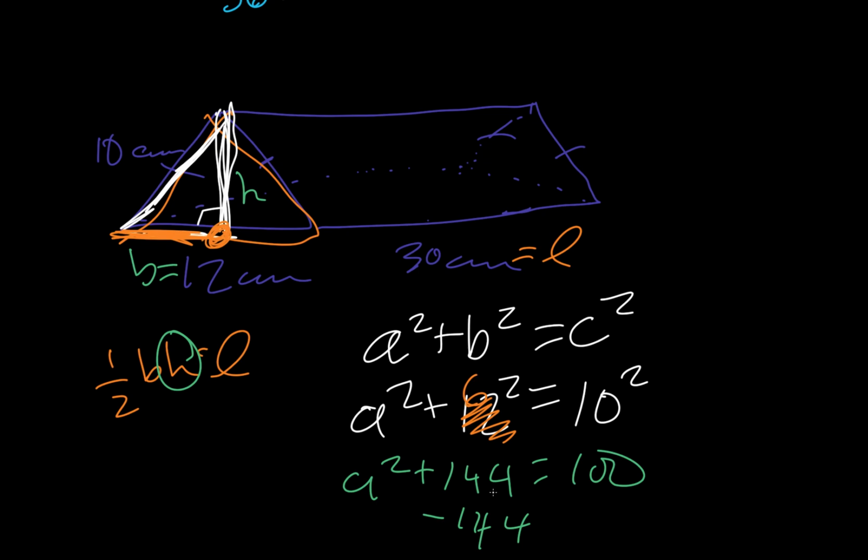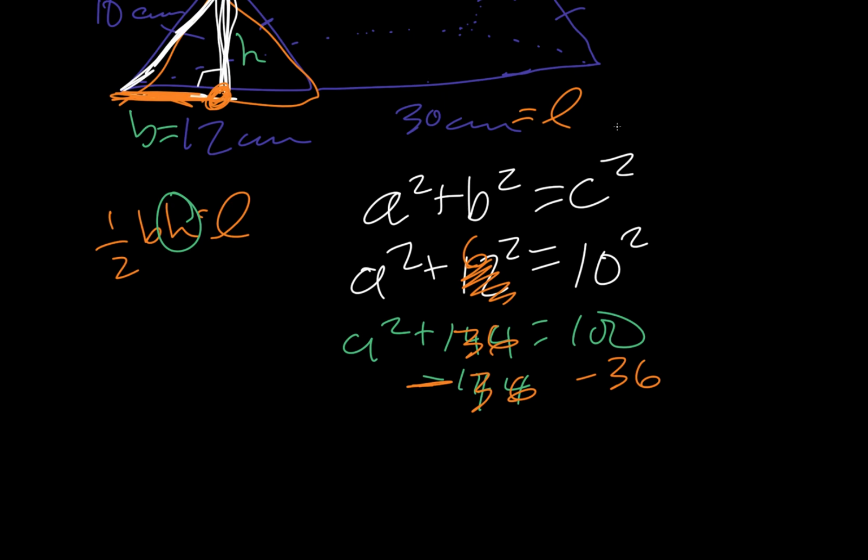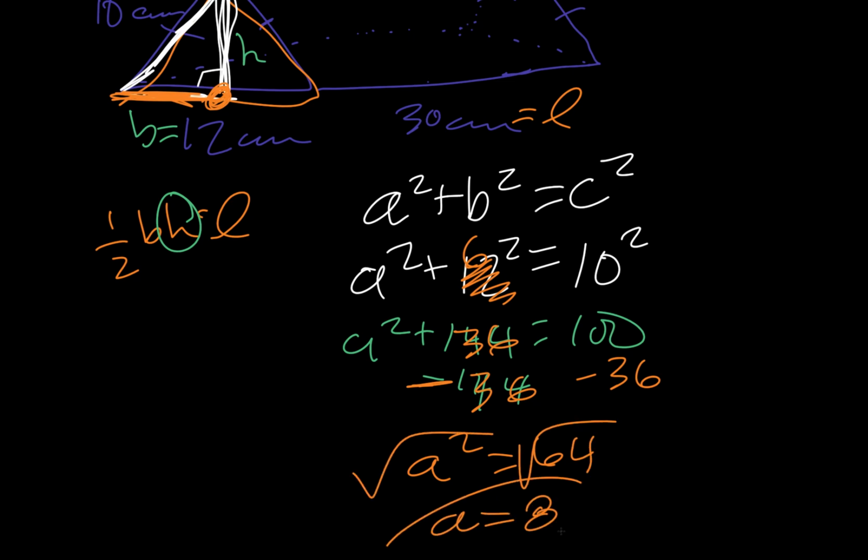Okay, so that's a 6, so 6 squared is 36. Sorry about that. Subtract 36, subtract 36. So it's going to be 64. So a squared equals 64. So we square root, a equals 8. So a is 8, which is actually our h.